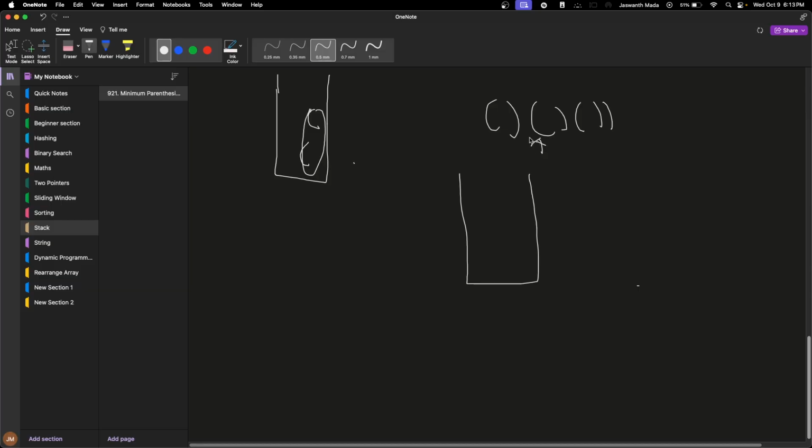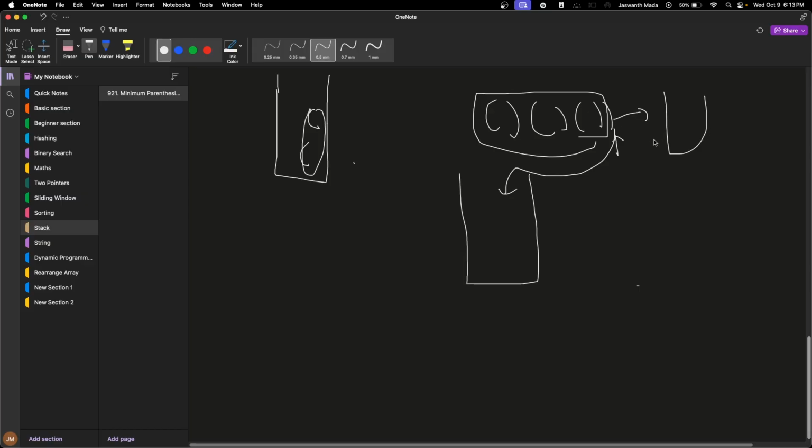Now when I come here, I see a left parenthesis. Again I'll push it, and again this guy will try to pair up with this guy, and these two are valid. The same thing will happen to these two as well, so all these are valid. Now when I come here, I see a right parenthesis. This guy goes and checks for a left parenthesis, but he finds no one there. So basically he is invalid, right?